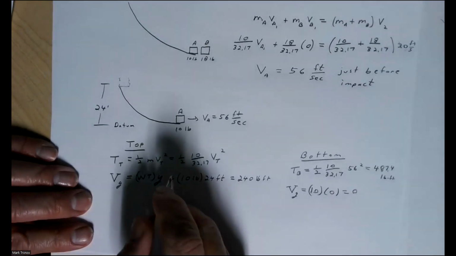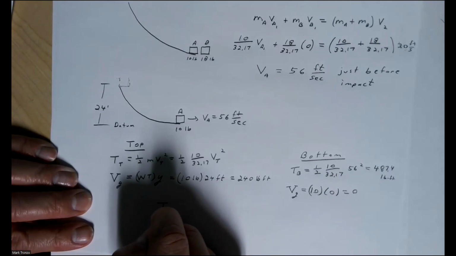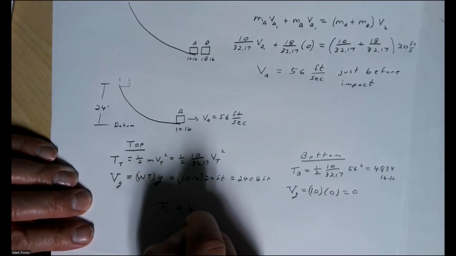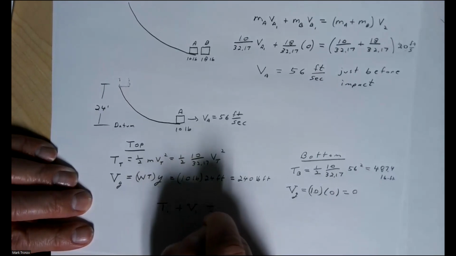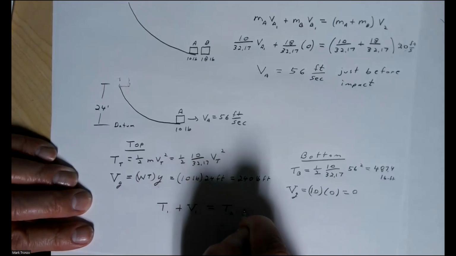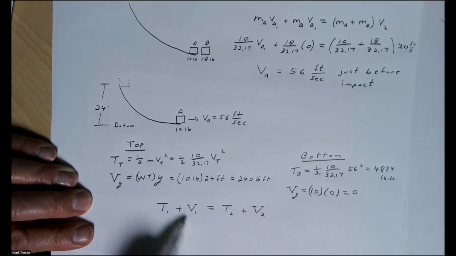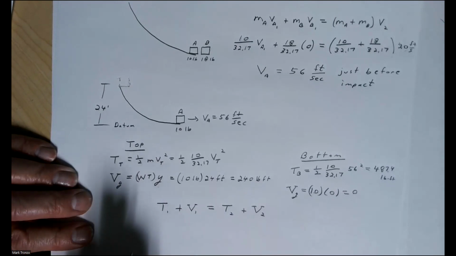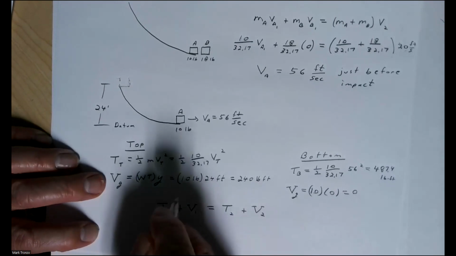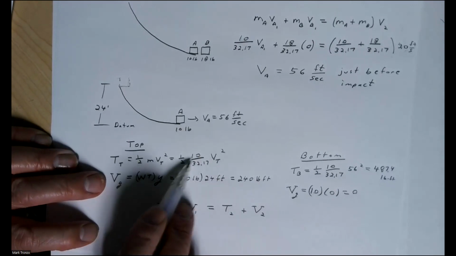So let's put everything into our equation. T1 plus V1 is equal to T2 plus V2. Again, T1 is going to be at the top here, the initial point, and that's going to be this here.